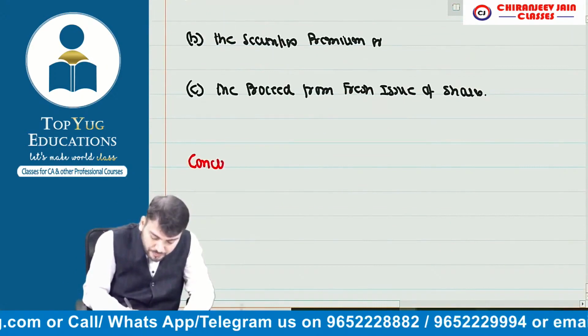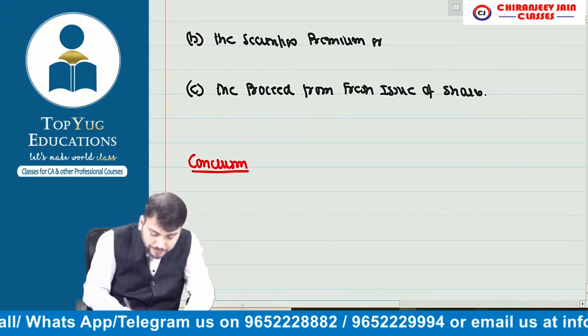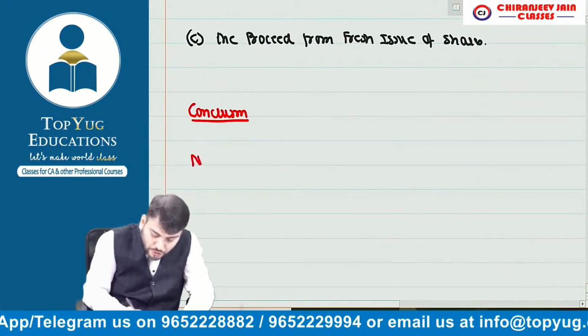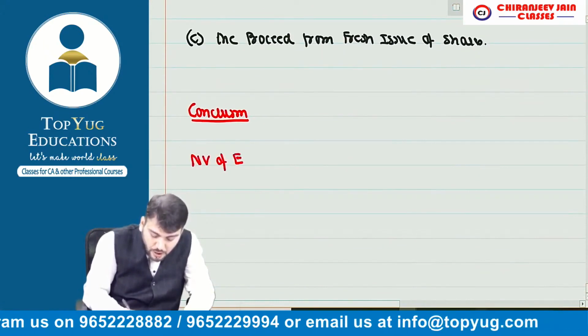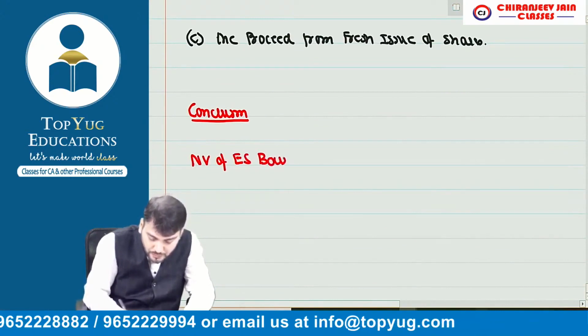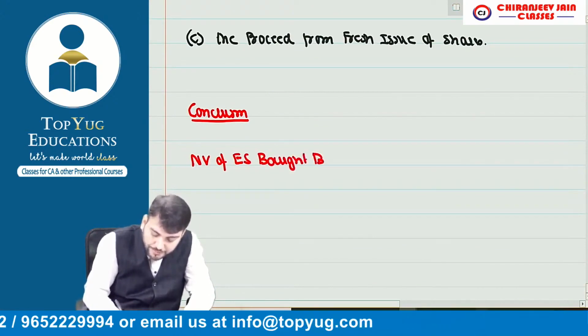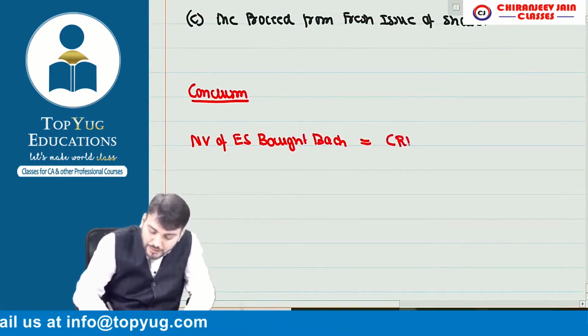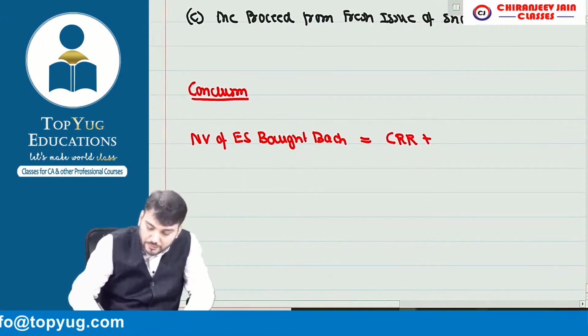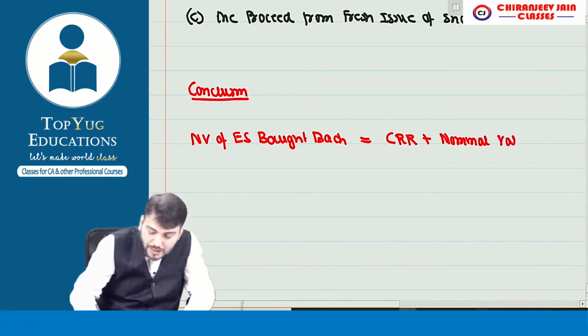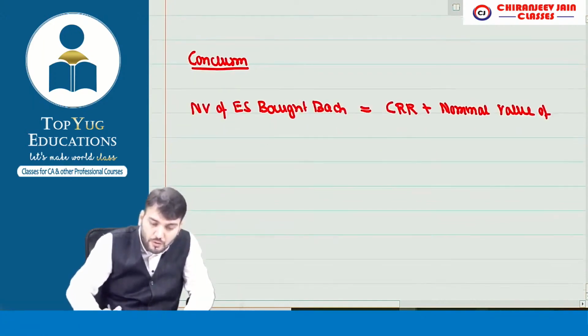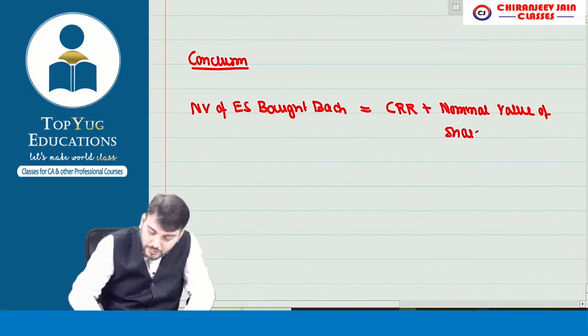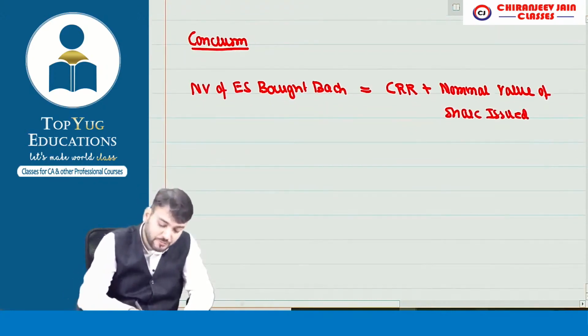The conclusion is: the nominal value of equity shares bought back must be equal to CRR plus the nominal value of shares issued. Remember, same thing we have done in redemption of preference shares.